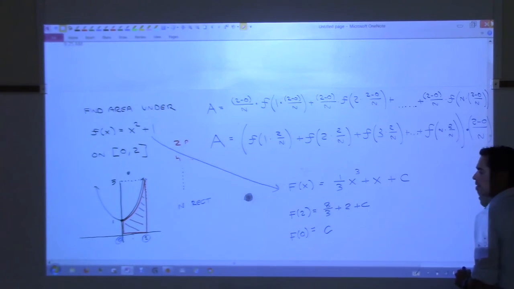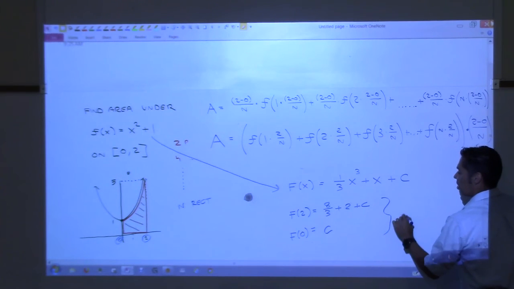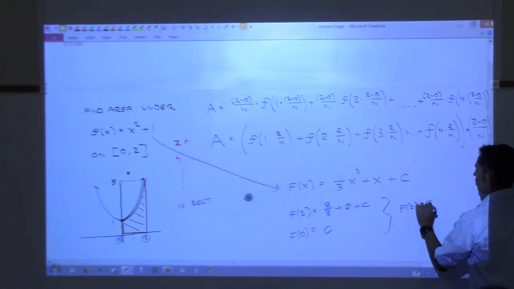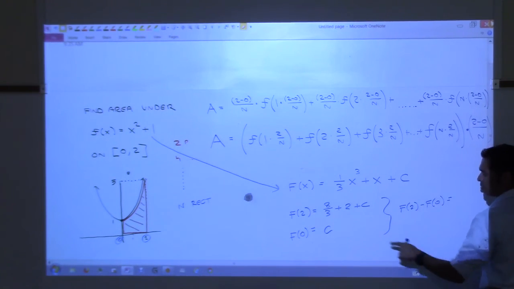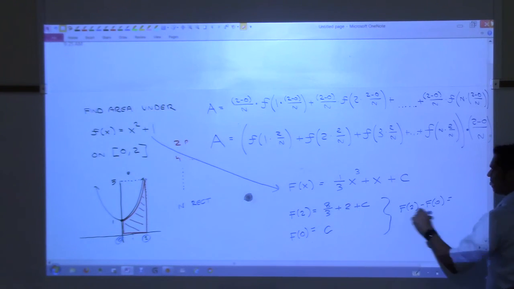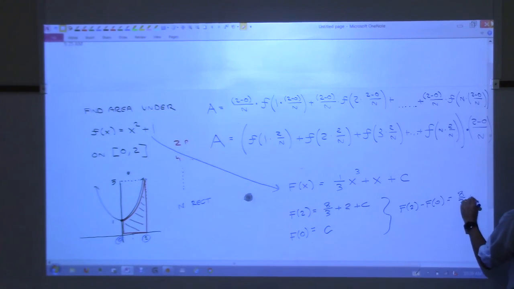C. Now what I'd like for you to do is subtract those two answers. If you subtract them, the c's will cancel. You'll get 8/3 plus 2, which is 14/3.